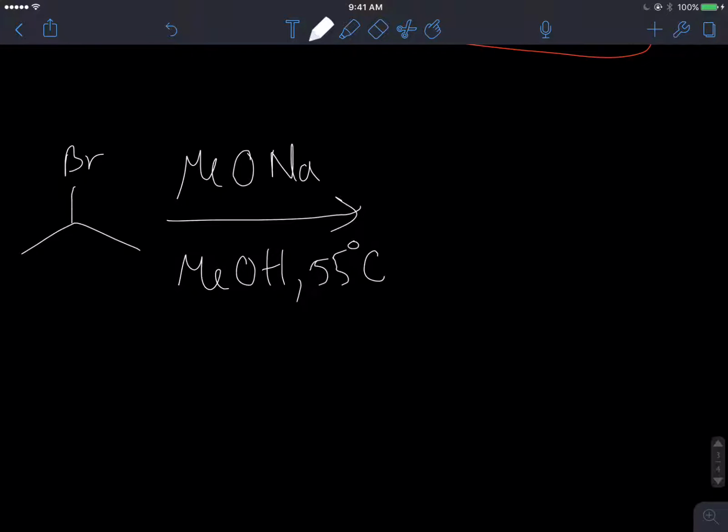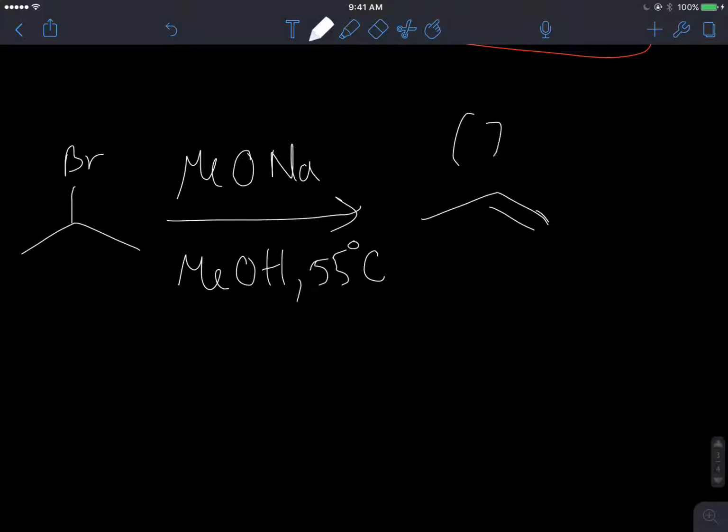This is not very high heat, this is just regular heat. So when you see this kind of base, this kind of solvent, it's automatically an E2. So you have this, that's E2, and you will have the SN2 reaction as well. Because this is a strong base, it cannot be SN1. It has to be SN2 or E2.